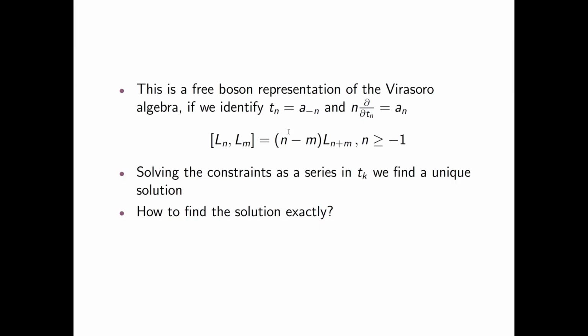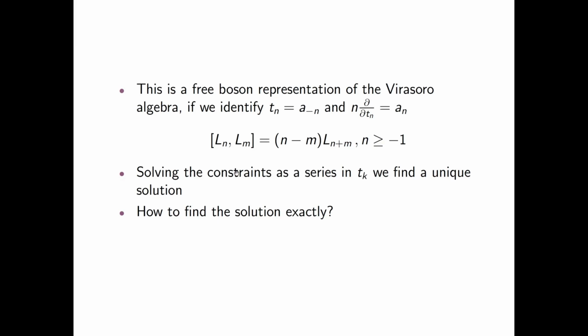But we can easily identify these operators as part of a full Virasoro algebra that corresponds to just a free boson with a central charge equal to 1. So for the Gaussian model, there is a unique solution to these constraints, as in the Gaussian example with one variable. You can just plug in a series ansatz, and then you'll find it.